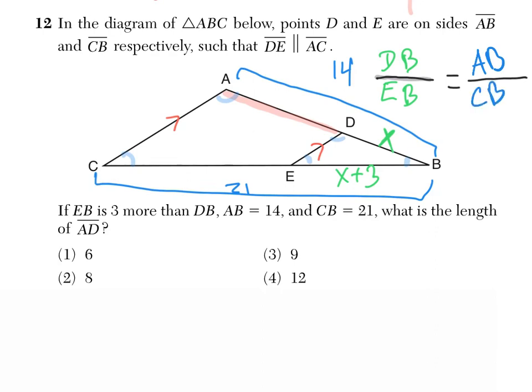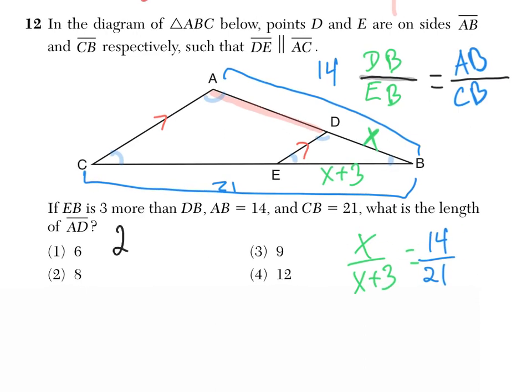Great. So now let's plug in the measures. I know that DB, of course, is going to be X over X plus 3. And I know that AB is 14, and CB is 21. And so now we're going to have to cross multiply. So 21 times X is going to be 21X. 14 times X plus 3.